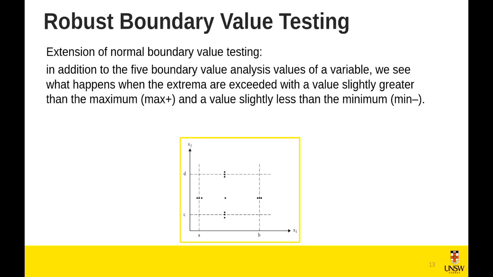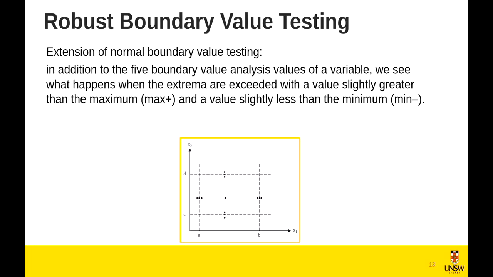Another type of testing is called robust boundary value testing. It is an extension of normal boundary value testing. In addition to the min, max, slightly above min, slightly below max, and normal, we should also test invalid inputs. In order to test robustness, this time we create invalid inputs which are out of the boundaries.